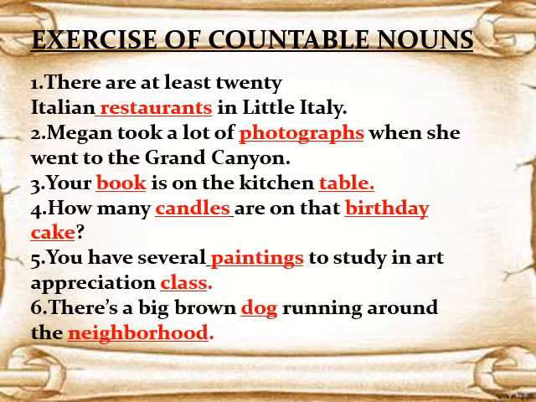Sixth one, there's a big brown dog running around the neighborhood. Here, dog. Dog is a countable noun. Neighborhood. Neighborhood, that means your neighbors. They are also counted. So it is a countable noun.